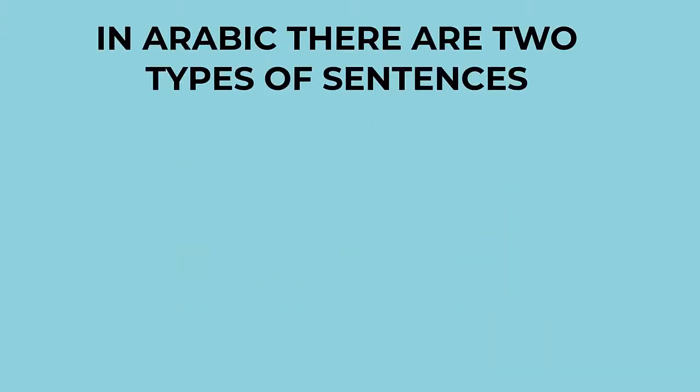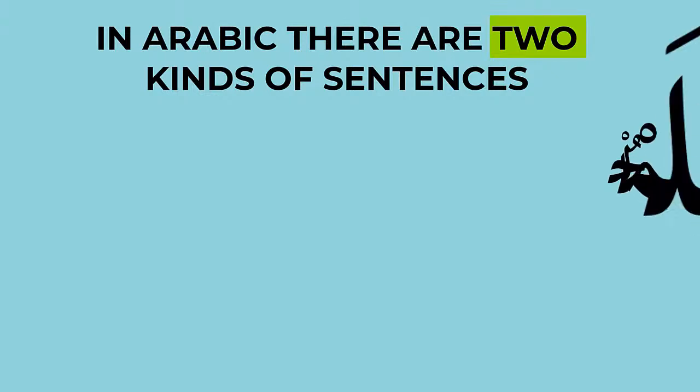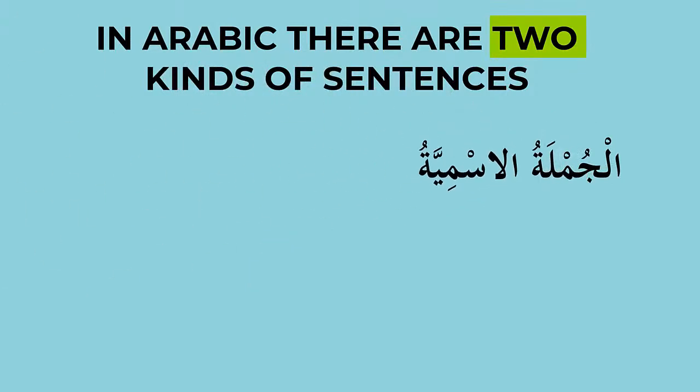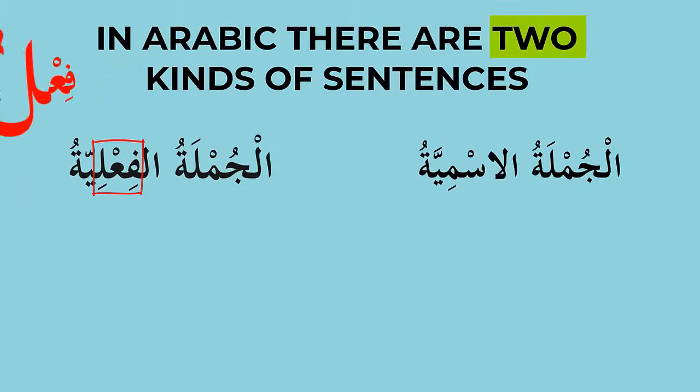Okay. Now, in Arabic language, there are two kinds of sentences. How many kinds? Two kinds. One is called al-jumlatul ismiyatu, and other is called al-jumlatul fi'liyatu. Fi'al. Remember, fi'al means verb. Are you with me, brothers and sisters? Fi'alun means verb.